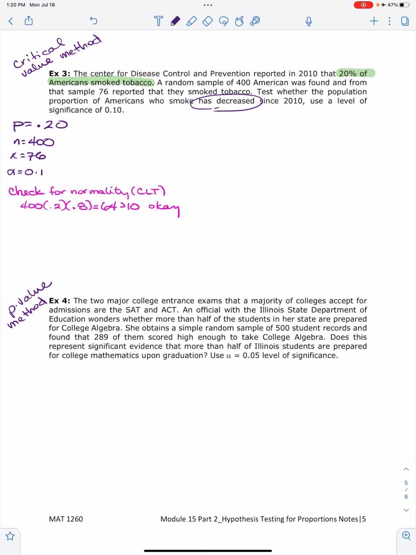So let's figure out what we need here. My p hat, 76 over 400, is 0.19. My standard deviation, that's the square root of 0.2 times 0.8, all divided by 400, is 0.02.